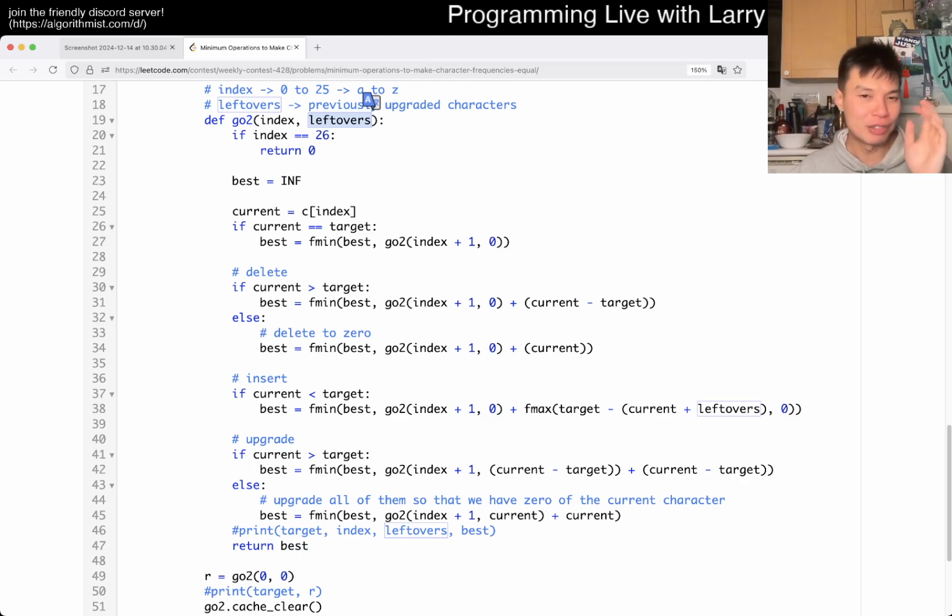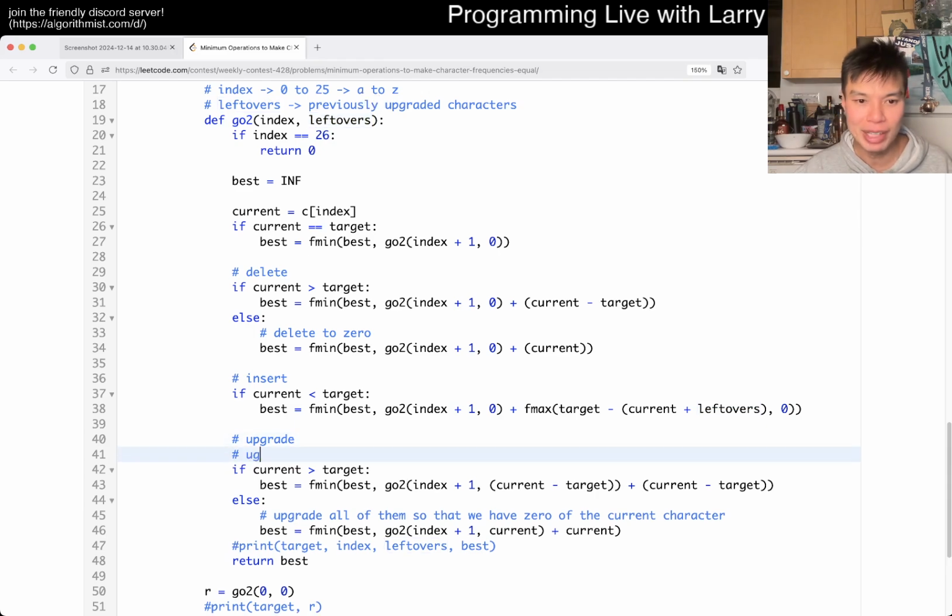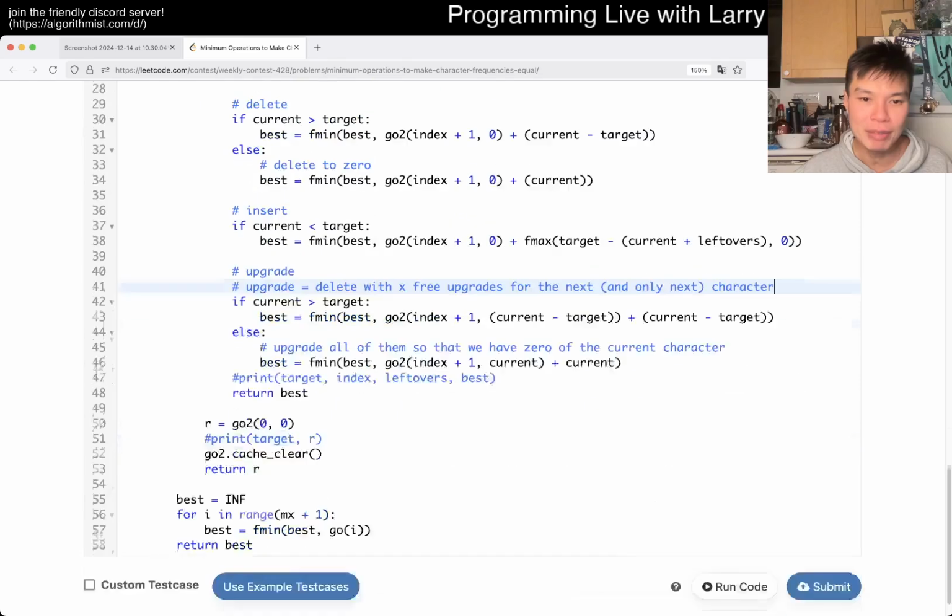Meaning if you have 10 Bs, you only pay for them to go to Cs, not Ds, right? Otherwise you could treat them as deleting them with the free upgrade. So maybe another way to think about it is that upgrade is equal to delete with X, whatever X could be, free upgrades for the next and only next character. So that's basically the idea, and that's pretty much it.